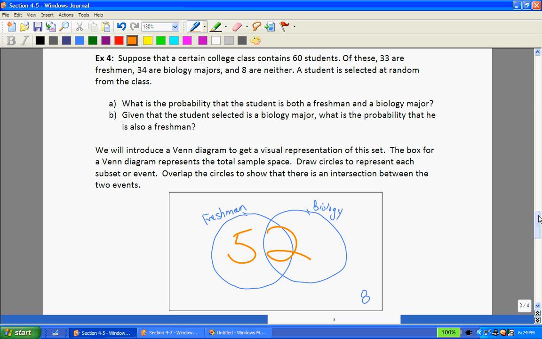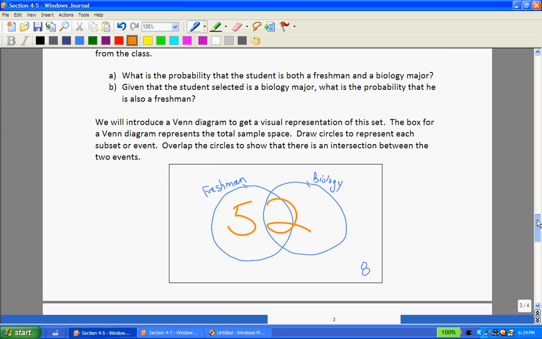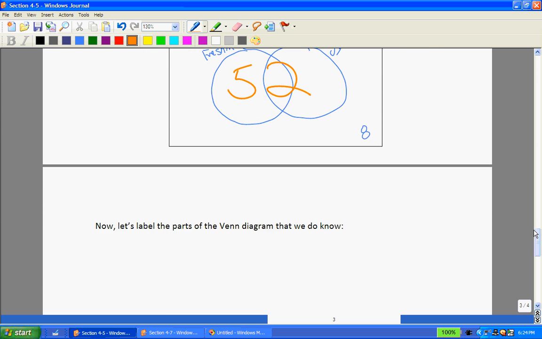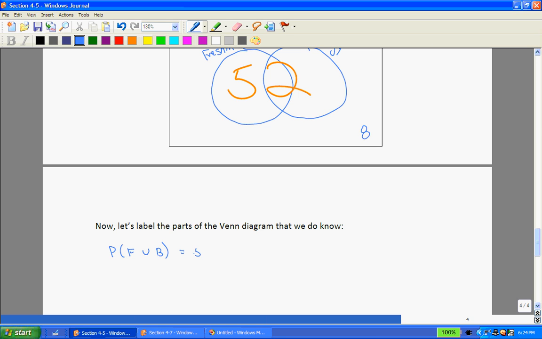So knowing that we have that breakdown now, let's see if we can write down parts of the Venn diagram that we do know. So we know the union, and I'm going to use F and B to represent freshman and biology major. So we know that freshman union biology is 52 out of 60.